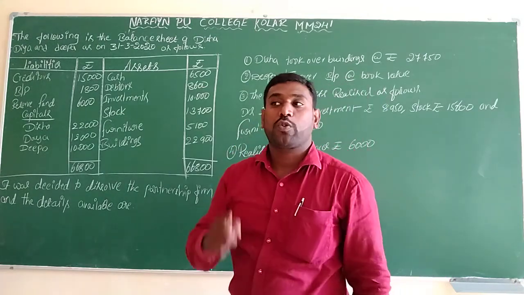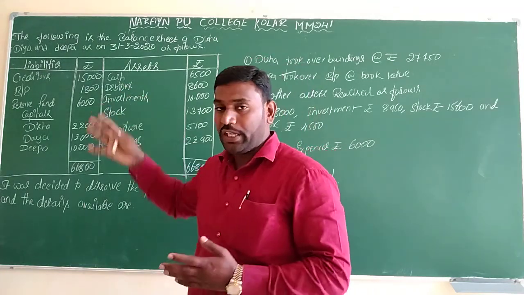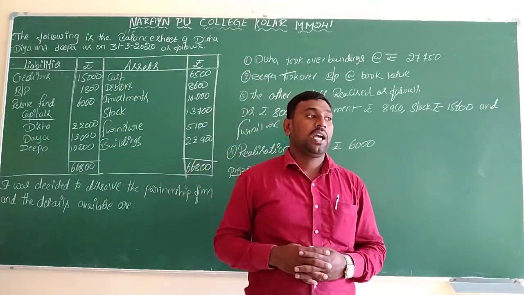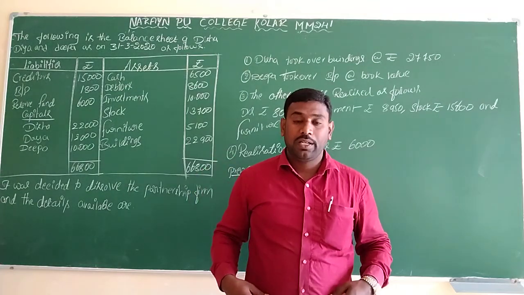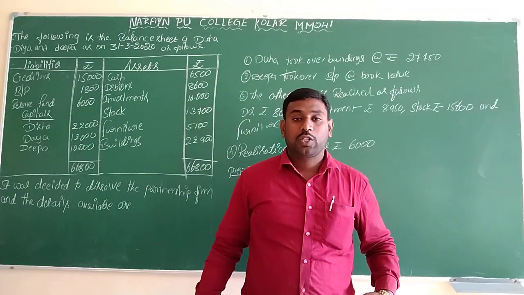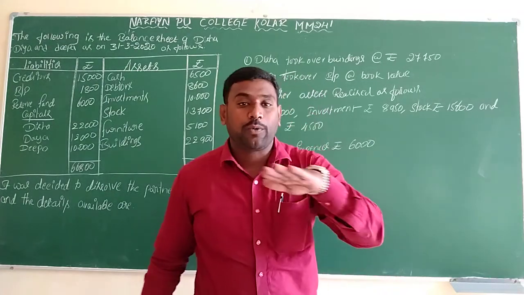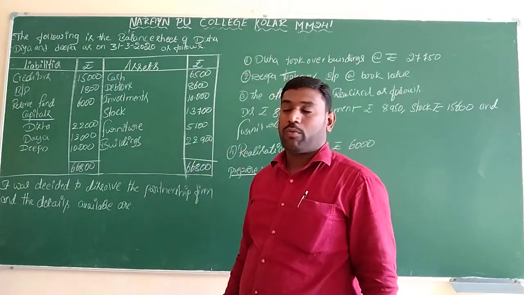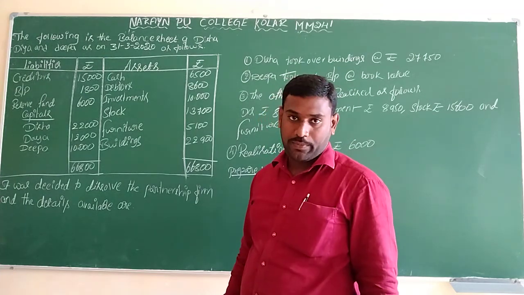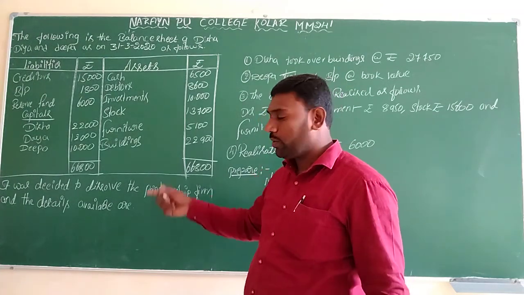Here you have to assume that if the profit sharing ratio is not given, we can assume that all the partners are sharing profit and losses equally. Equally is nothing but 1:1:1, 1/3, 1/3, 1/3. If 3 partners, we do like this.